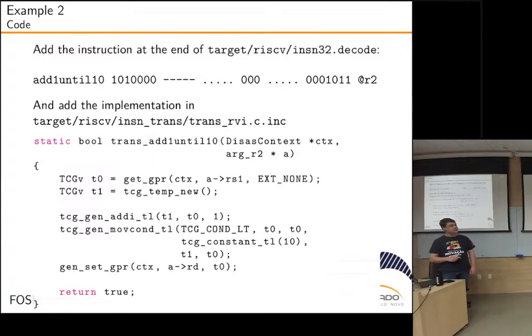It's a big structure with everything that you will need for decoding. And the second argument is underscore R2 because it's the R2 format. The content of this R2 structure will be defined by the R2 format, which is RS1 and RD.